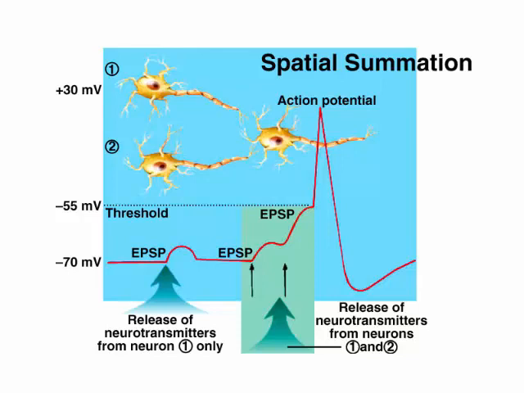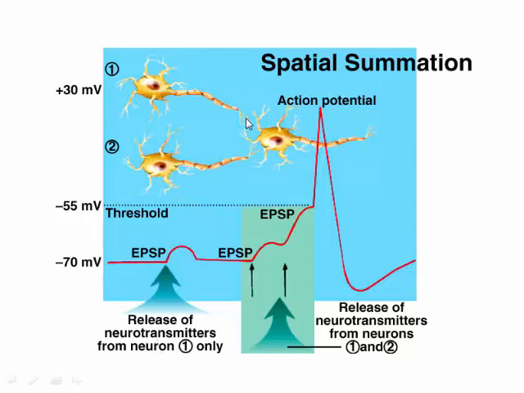So this picture is showing kind of how that would work. On the left side we see the millivolts, minus 70, minus 55, plus 30. Here's your threshold. Here we have a picture at the same time that they have a graph. Picture of cell 1, cell 2, both talking to the postsynaptic cell. It says release of neurotransmitters from neuron 1 only.